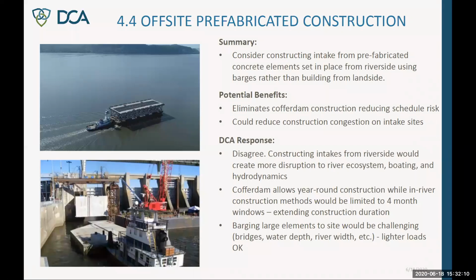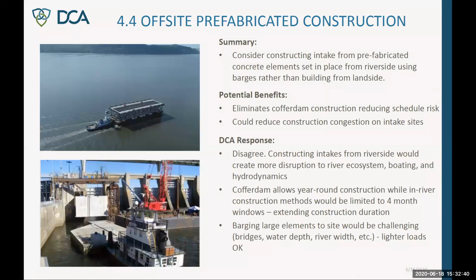It's very difficult, if not impossible, for large elements to fabricate them, say, downstream in the East Bay area and get them up the river. The river doesn't have enough draft available for very heavy options. Now you can clearly bring lighter loaded barges up. It's done fairly frequently, and we actually plan to do that for some of the riprap placement and other things in front of the intakes.